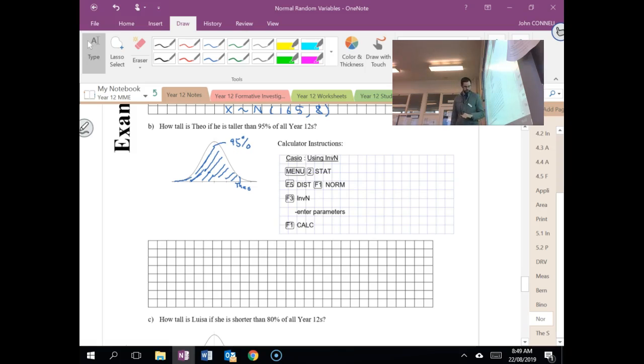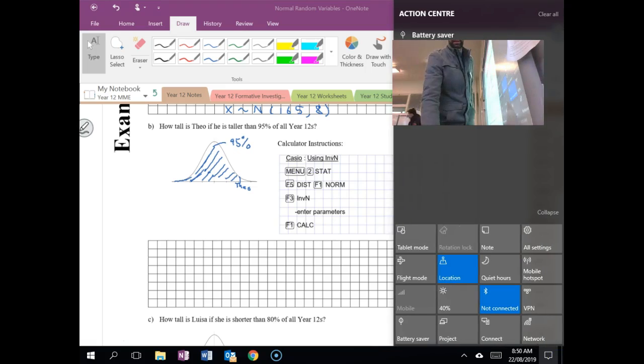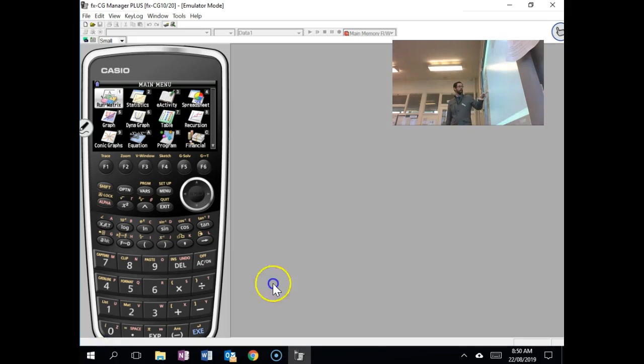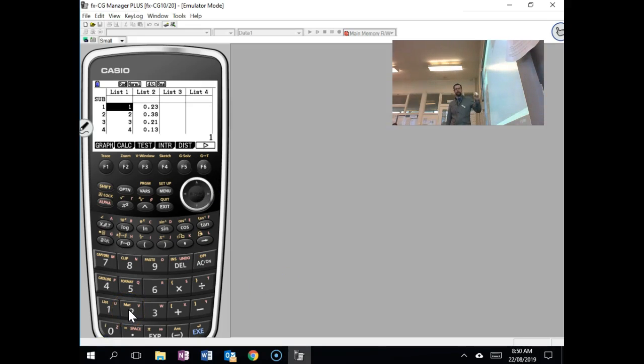Well, this is where we can use our calculator. So I want everybody to get out their calculators. We're going to go to number 2, which is statistics, and then F5 for distribution.